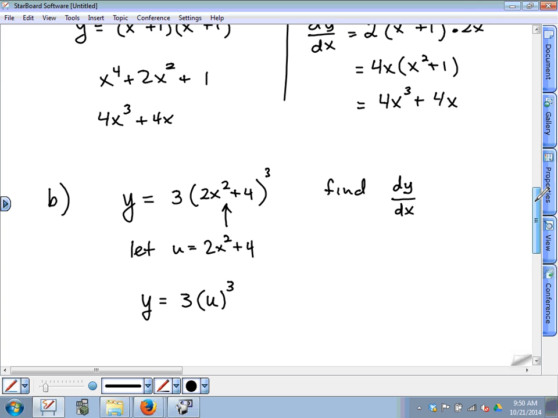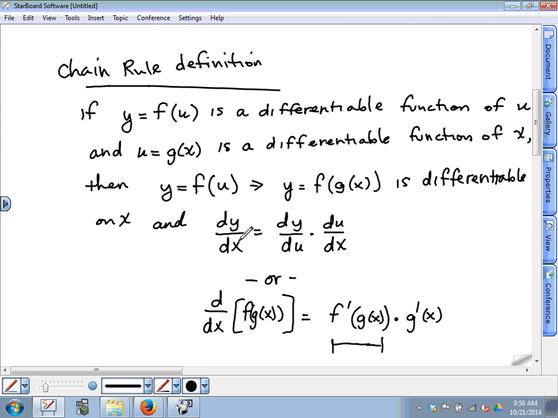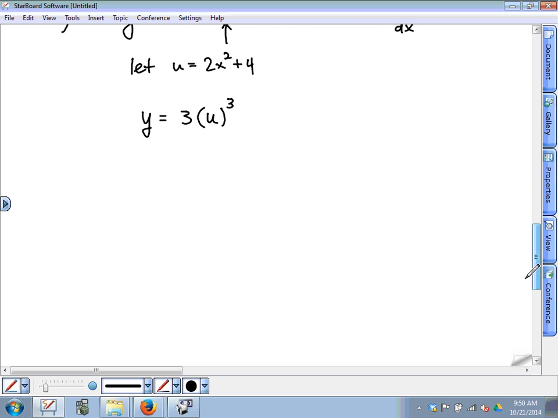Now, according to the definition here, dy/dx is equal to the derivative of y with respect to u times the derivative of u with respect to x. So, what's dy/du? What's the derivative of this? 9u squared. That's dy/du.